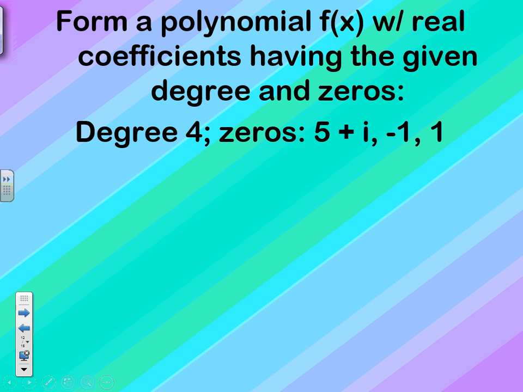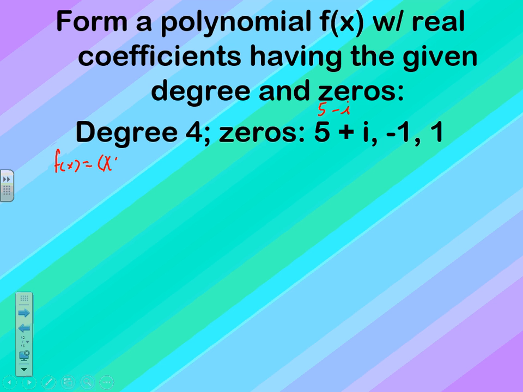So next example, again, fourth degree polynomial. They're giving us 2 real roots and 1 complex root. So the second complex root is going to be the 5 minus i as a conjugate pair. And let's go ahead and set this up and multiply it through. I'm going to do the 2 real roots first.